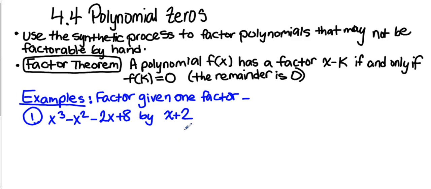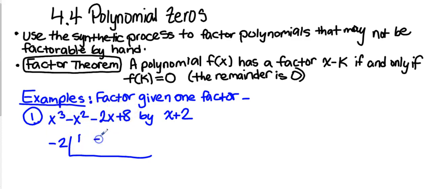And what tool can I use? Well, when I look at what I'm dividing by, x plus 2, this is a linear factor and the coefficient here is 1. So I know I can actually start this off using synthetic. So negative 2 will go on the outside of my synthetic box. Let me check for placeholders. 3, 2, 1, 0. No placeholders needed.